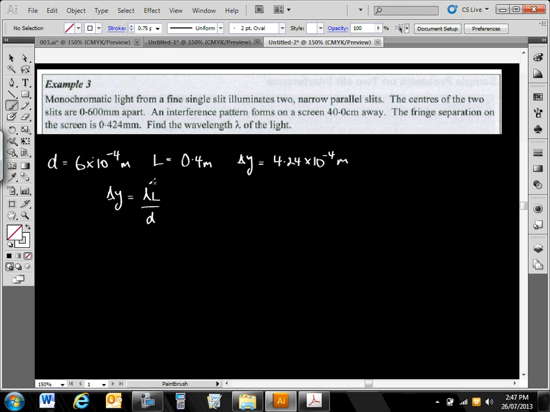The fringe separation is equal to the wavelength multiplied by the distance between the slits and the screen divided by the distance between the two slits.